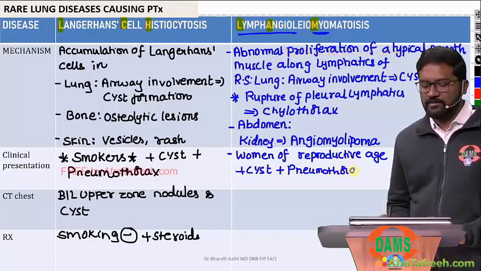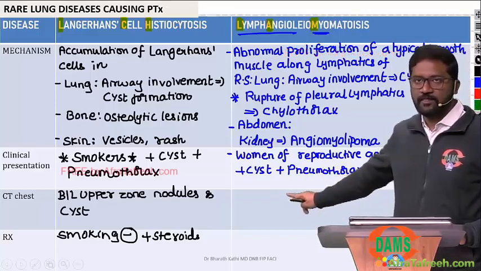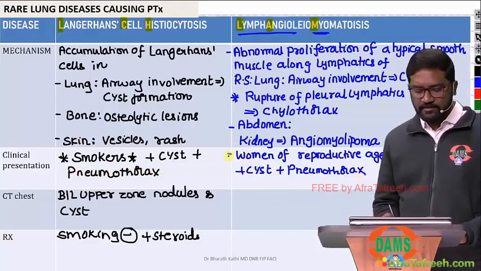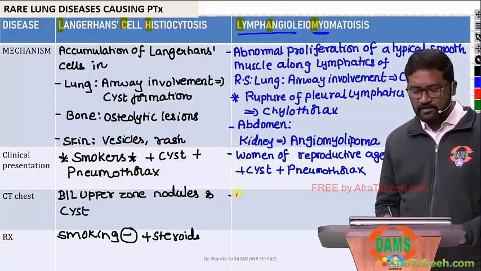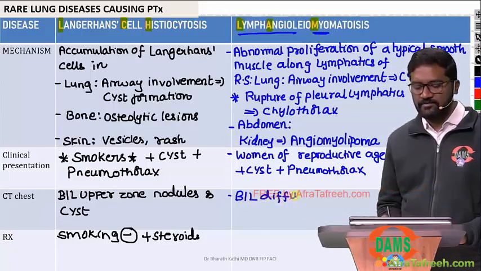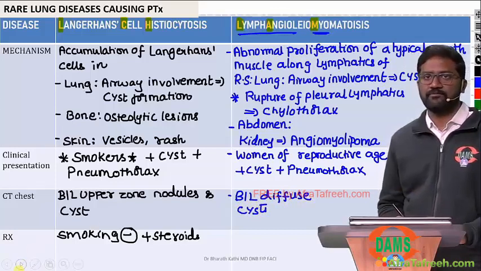So a young female or woman of reproductive age, CT showing cysts and the patient is having recurrent pneumothorax. On the CT scan, this is a more aggressive disease, with bilateral diffuse cysts, top to bottom, side to side, everywhere you can see plenty of cysts.